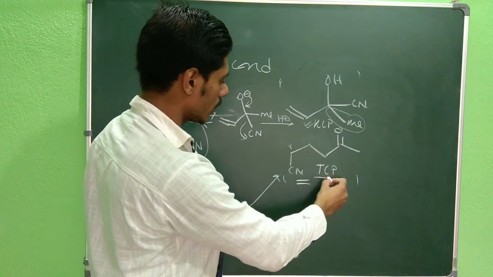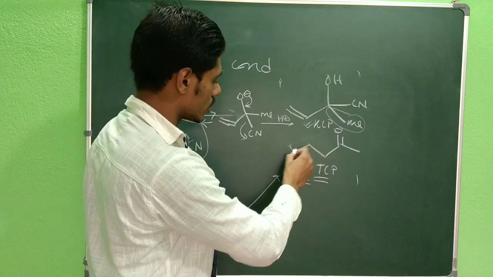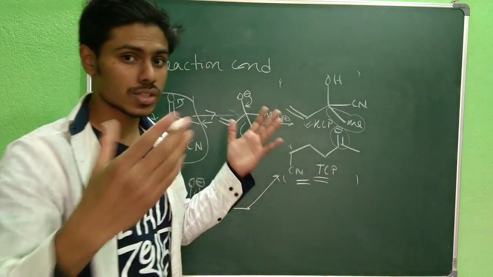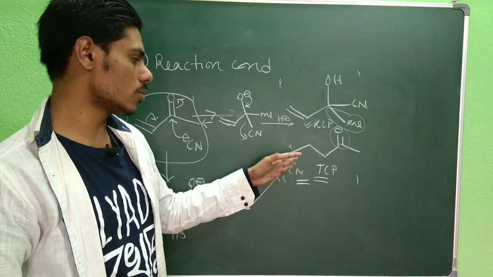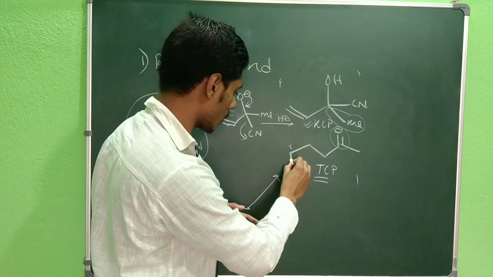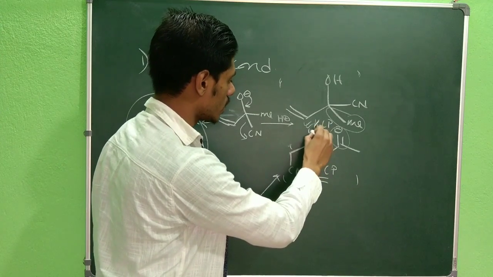Whereas in the thermodynamically controlled product, you can see you destroy the carbon carbon double bond, while the carbon oxygen double bond, which is stronger, is intact. You destroy only the carbon carbon double bond, and instead you form a carbon carbon single bond and a carbon hydrogen single bond.